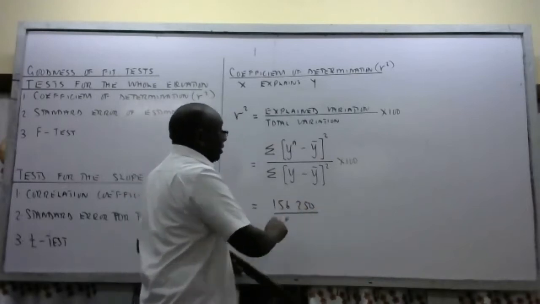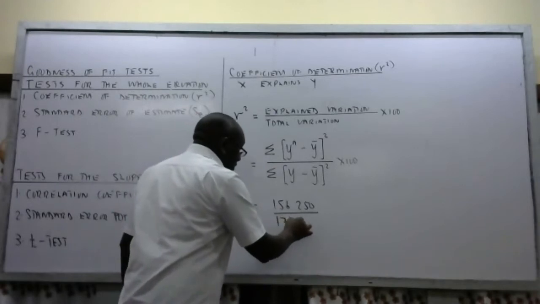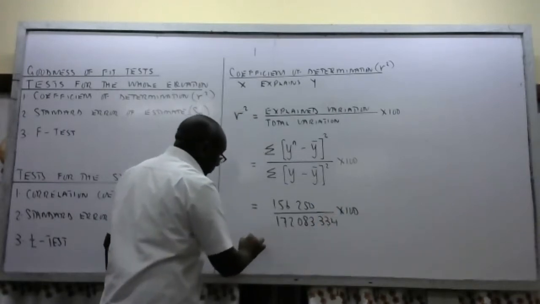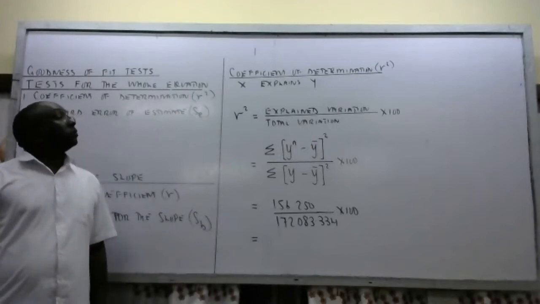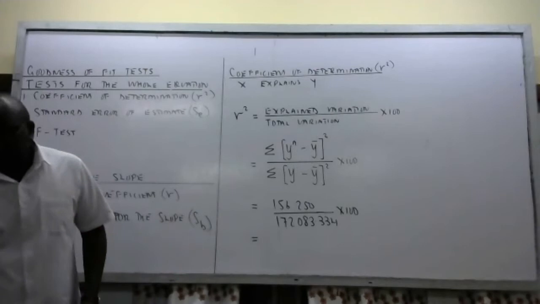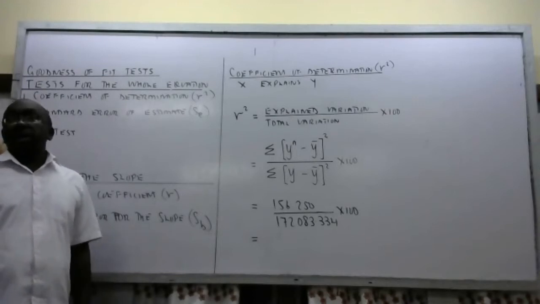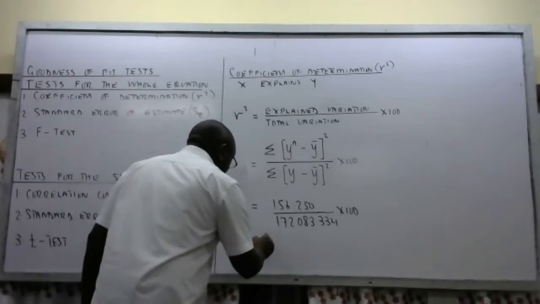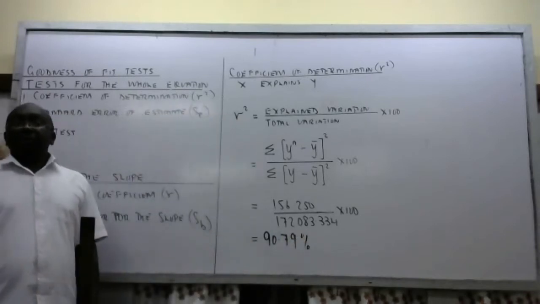Now y minus y bar squared, total: 172,083,334. So times 100. What percent is that? 90.79%.